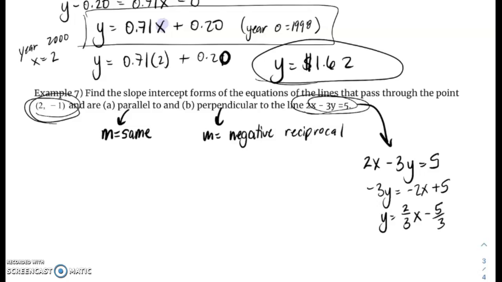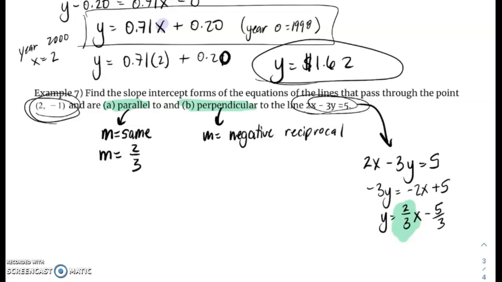Now we're going to identify the slope. The slope is 2/3. Now that is the original line. They want us to make two new lines. We're going to make a new parallel line and a new perpendicular line, looking at the old line. So if I want to make a line parallel to the old equation, then I'm going to choose the slope to be the same. I'm going to choose my slope to be 2/3.